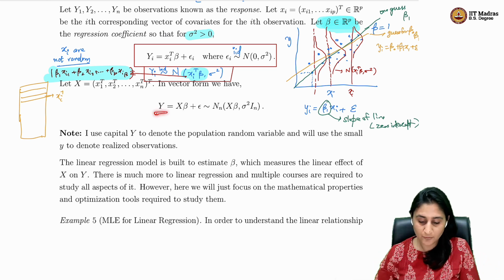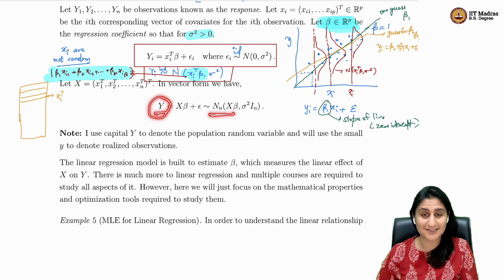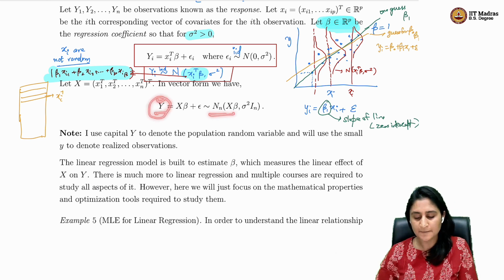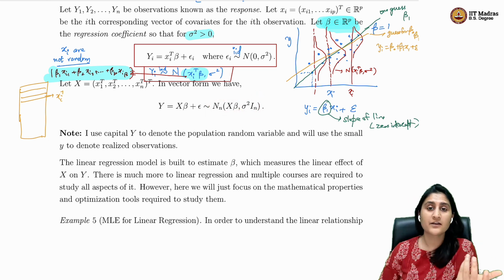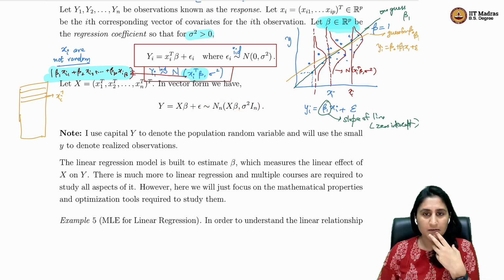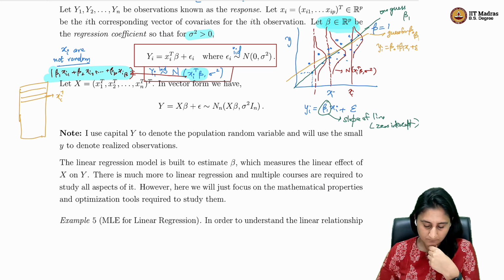And this y follows a multivariate normal distribution of size n, because that's the number of observations, with mean being x times beta and variance being sigma squared I n, right? We've already discussed what a multivariate normal is earlier in a few lectures.